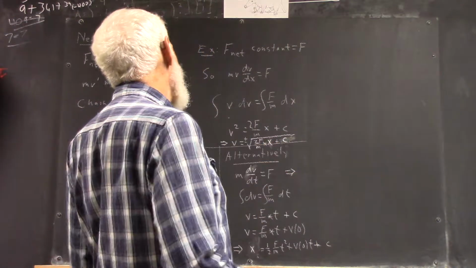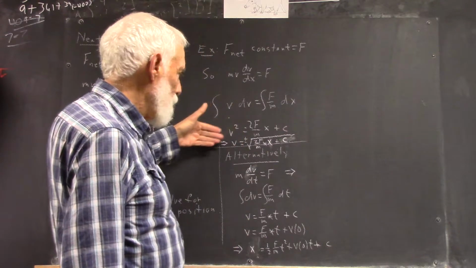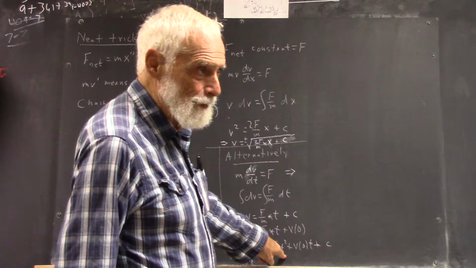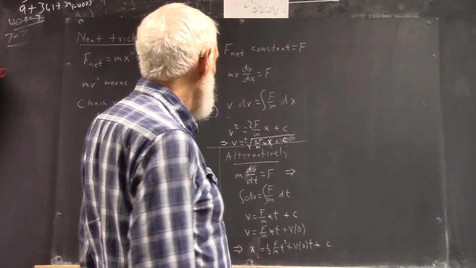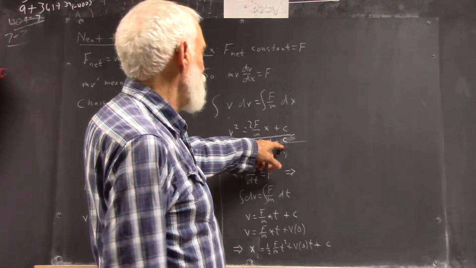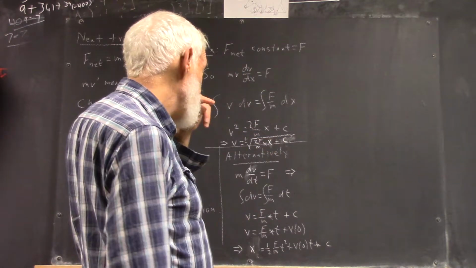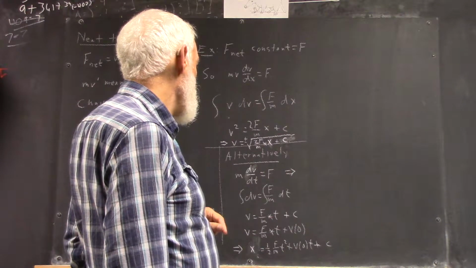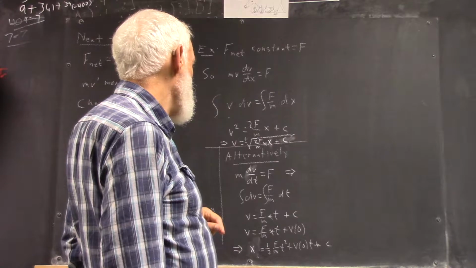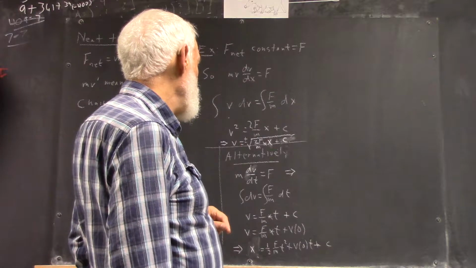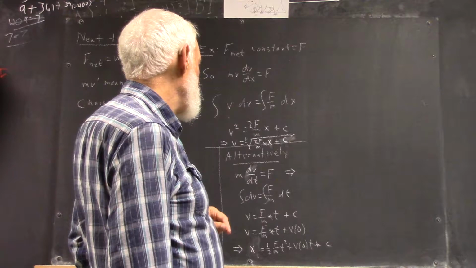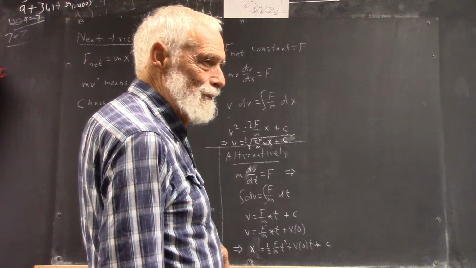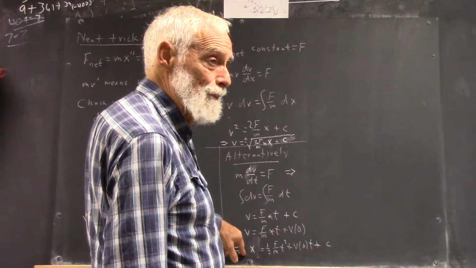Now, you get into a little detail about what happens when x equals 0. Does that happen when t equals 0? And actually I wrote that as v of 0, it should be x of 0, but I don't want to get into the messiness of it. I'm saying this is consistent with this.